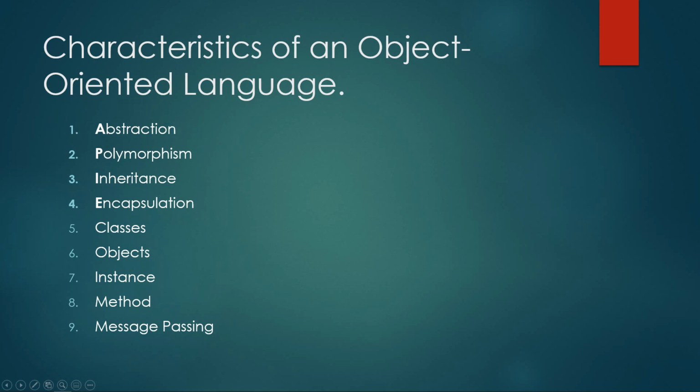The first one, abstraction. Abstraction specifies what to do but not how to do it. Basically, what happens in abstraction is we are able to define abstract classes and methods so that when we extend or implement these classes or methods in the child classes, we can make the code more reusable.